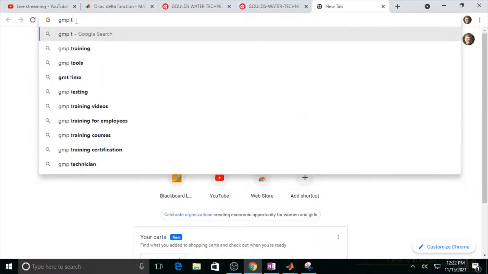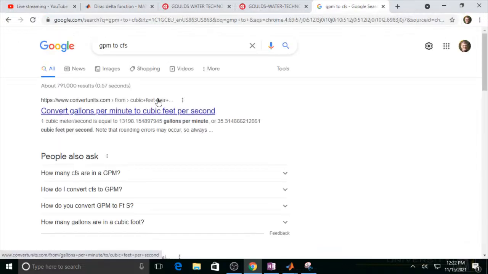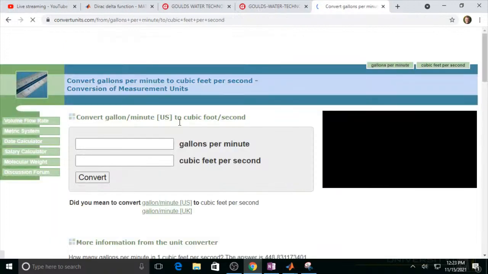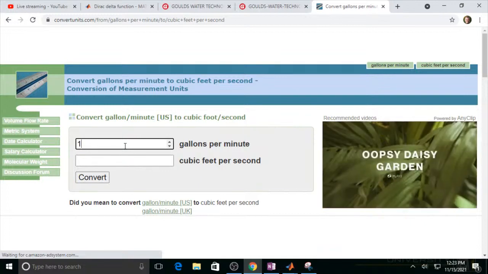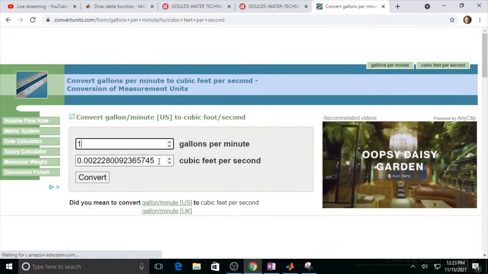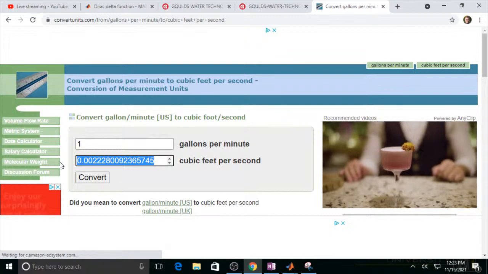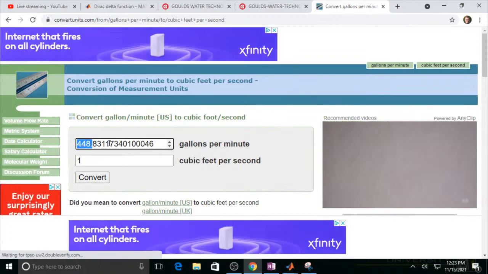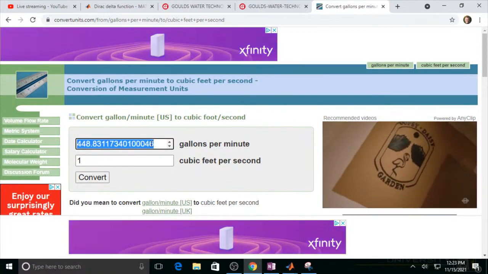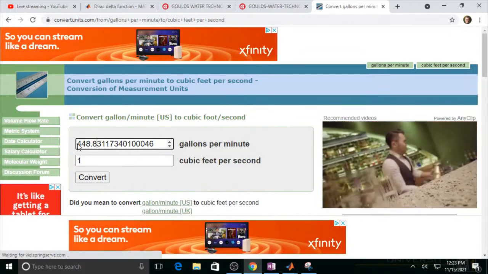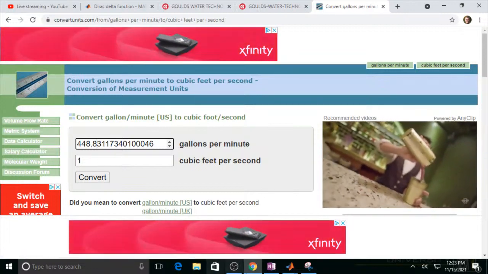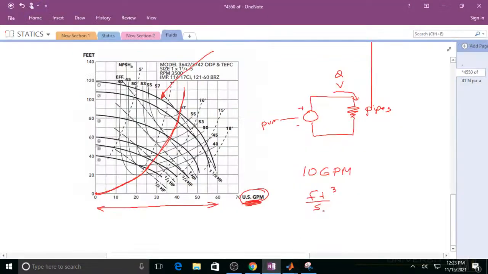GPM to, there we go. Okay, so I'm just going to put in 1. That's a lot of numbers, so I'm going to put the 1 in here. Okay, there it is, 448. I'll copy that one. We'll do it like that, 448.83.